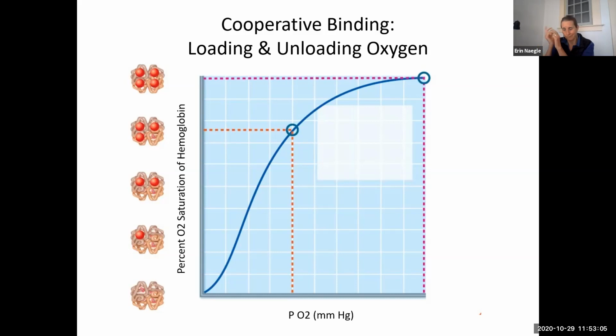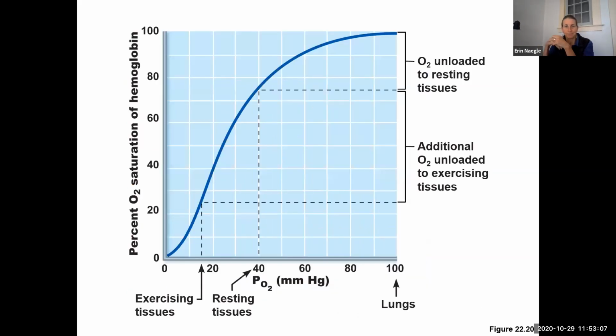Okay. An example. Let's walk through this one. In your lungs, the percent oxygen saturation of hemoglobin, right? Remember that you don't just have one hemoglobin molecule. You've got thousands and thousands in each one of your red blood cells, and you have millions and millions of red blood cells.